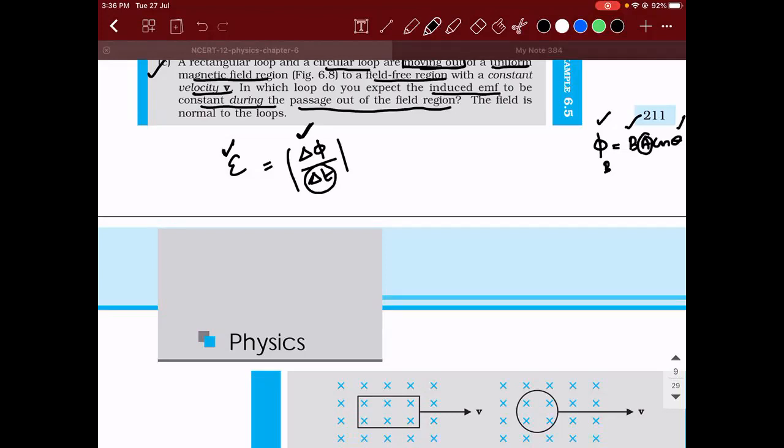Means when the loop is coming out, if there is a change in flux of x units in 1 second, okay, let's say the loop is taking 5 seconds to come out, guys. In the first second, let's say x units of flux has changed. For EMF to be constant, in the next 1 second, how much should be the value of change of flux?